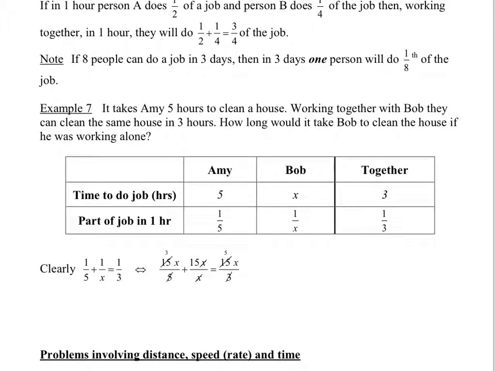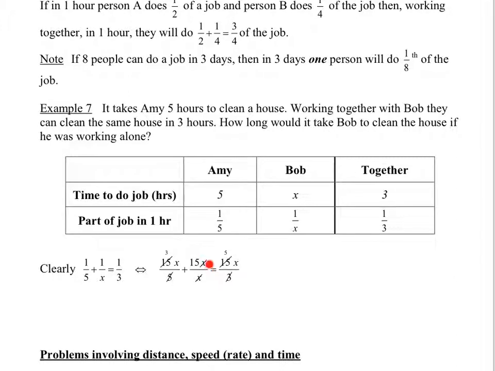There are several things that we can do to try and solve this. The most straightforward thing is to multiply each term by 15x, and that's what's happened here. You can see that the 15 and the 5 have cancelled out to just give us 3.